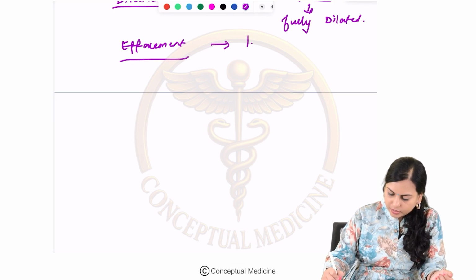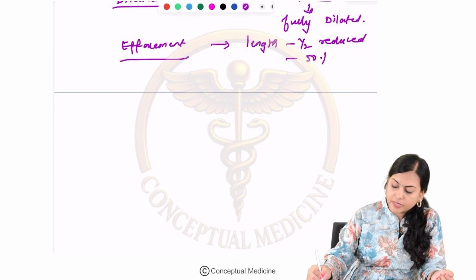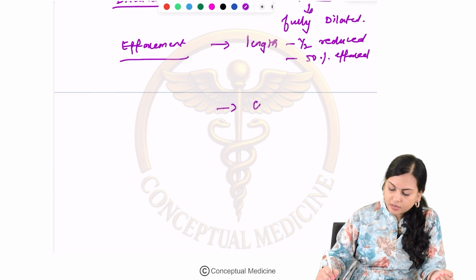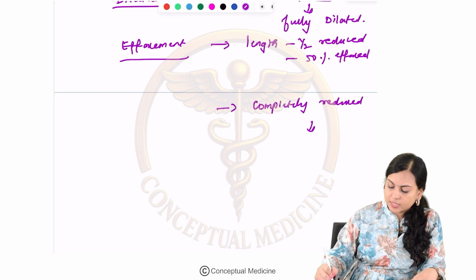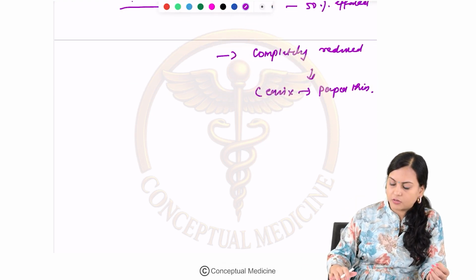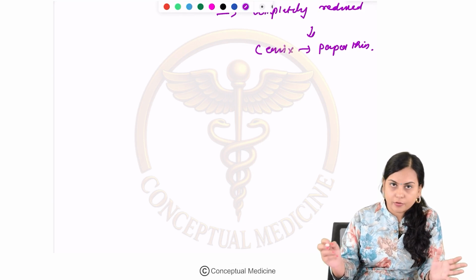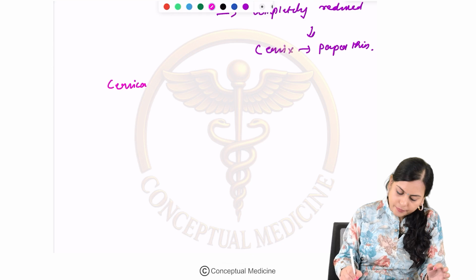And if the length of the cervix is half reduced, then it will be known as 50% effaced. Okay, whereas if it is completely reduced, at this stage you will be able to see the cervix as a paper thin structure.